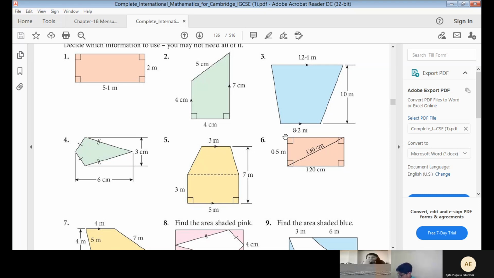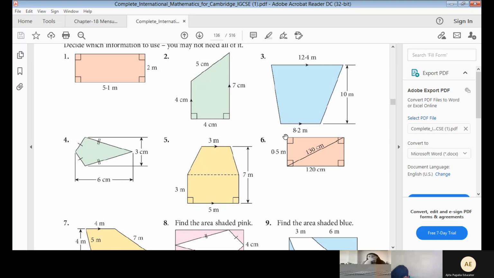60 centimeters. 60. Oh, wait, no, that's 50 meters. Can I just convert everything to meters? That's 1.2 times 0.5. So 60 centimeters. So 60 meters. Wrong. 6 meters. Wrong.